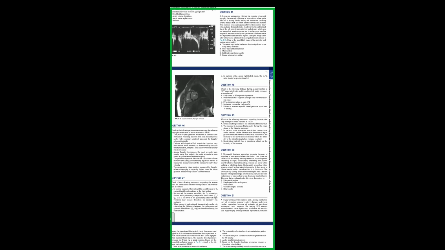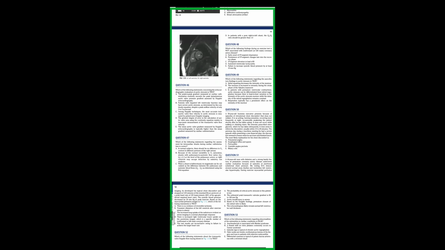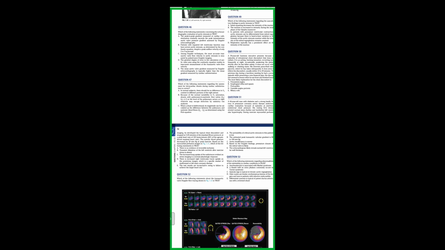Let's go to the next option. So 47. Okay, so C. We're taking the C option. When a shunt is bidirectional, its magnitude can be calculated as the difference between the pulmonary and systemic flow, so QP minus QS, as determined using the Fick's equation. No, so this one does not apply to a bidirectional shunt.